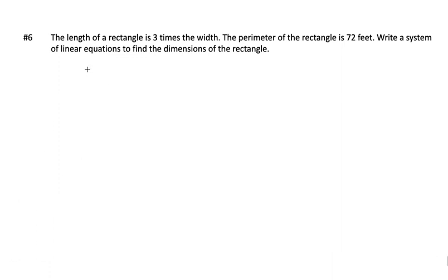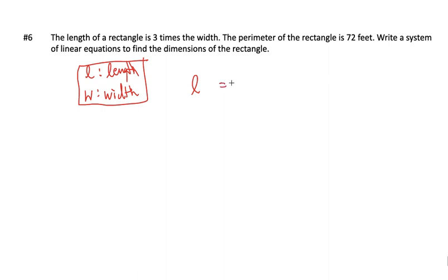All right, so we've got length and width. I'll define those variables. W is our width. We'll start with: the length of a rectangle is 3 times the width. Give some space on both sides just in case.